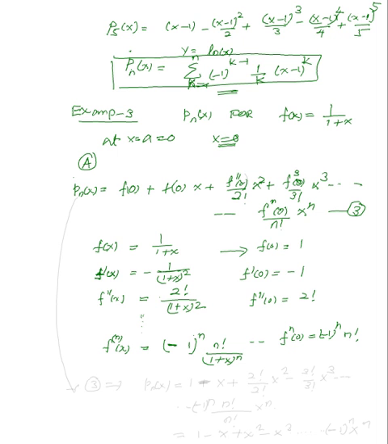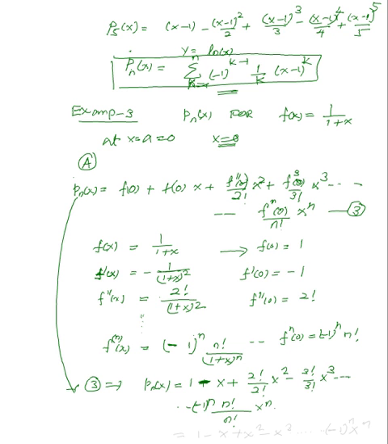If I substitute these values into expression 3, then Pn of x equals f of 0, which is 1, plus f prime of 0, which is negative 1, so we will have negative x, plus factorial 2 divided by factorial 2 x squared, minus factorial 3 divided by factorial 3 x cubed, and so on until we get to negative 1 to the nth power n factorial divided by n factorial x to the n.